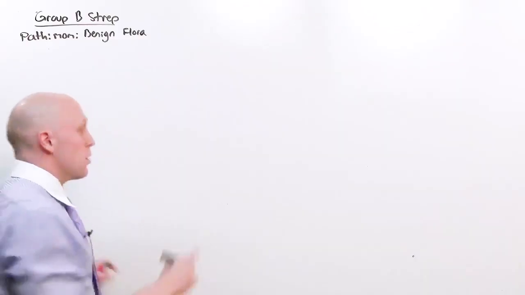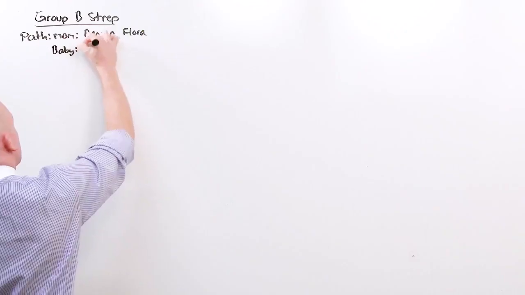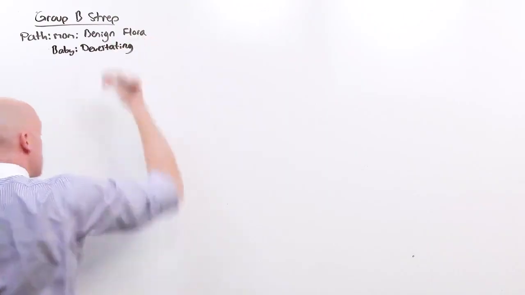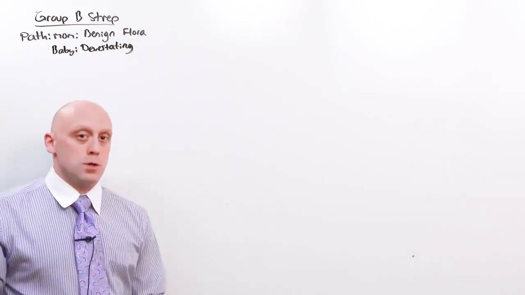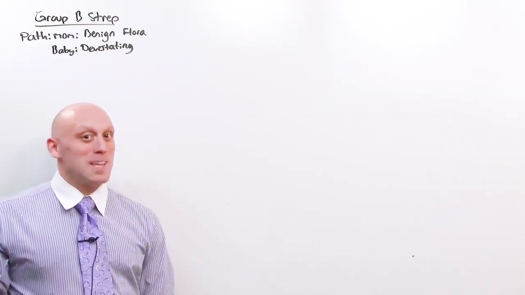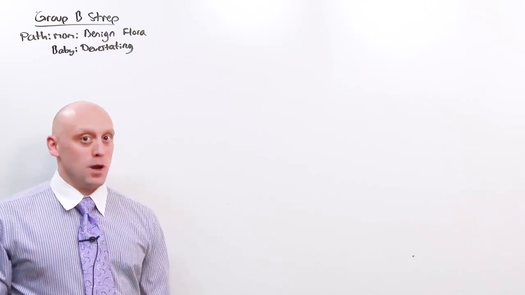The thing is, for baby, it can be devastating. The presence of group B strep can lead to things like premature rupture of membranes, or preterm delivery, or chorioamnionitis or endometritis. Or it can get into baby, causing a pneumonia and sepsis after baby's born. So group B strep is no big deal for mom, but a big deal for baby.